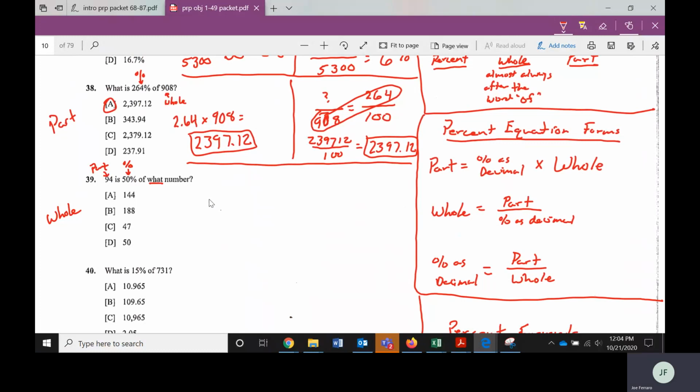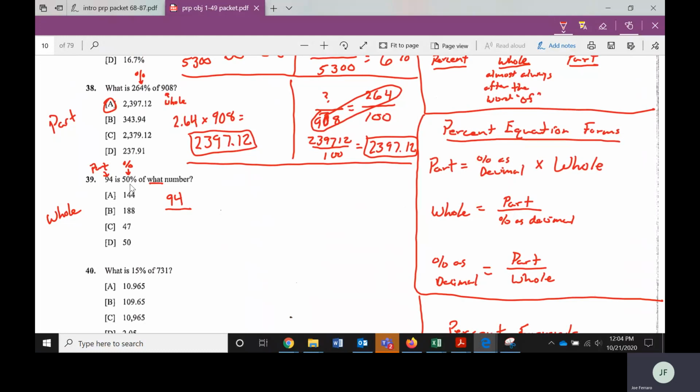If we're looking for the whole, that's right here. For the whole, we take the part divided by the percent as a decimal. So we need the part, which is 94, divided by, and this is key, the percent as a decimal.